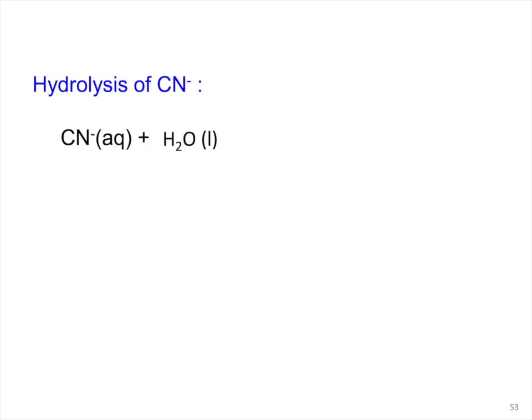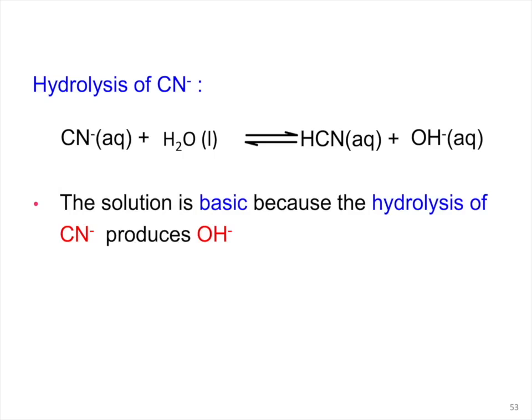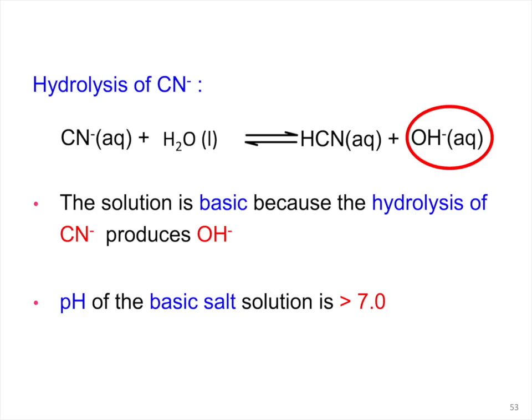We get HCN plus OH-. So the solution is basic because the hydrolysis of CN- produces OH-. So the pH of the basic salt solution is more than 7.